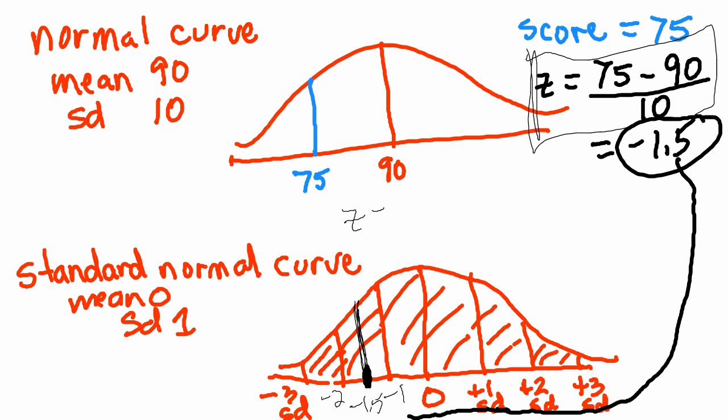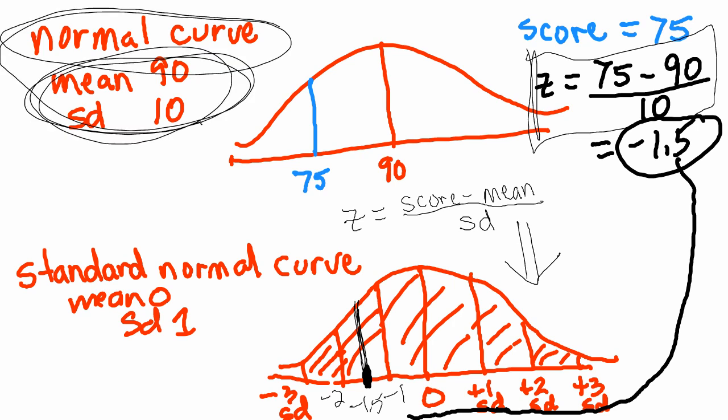So the z-score, your score minus the mean divided by the standard deviation, translates any normal curve. I could take any normal curve with any mean, any standard deviation, and it translates our scores. So our score was 75.